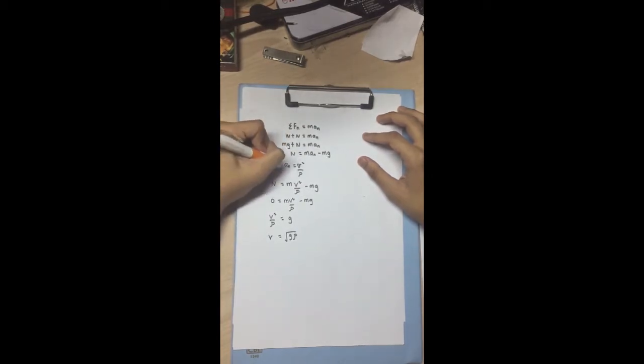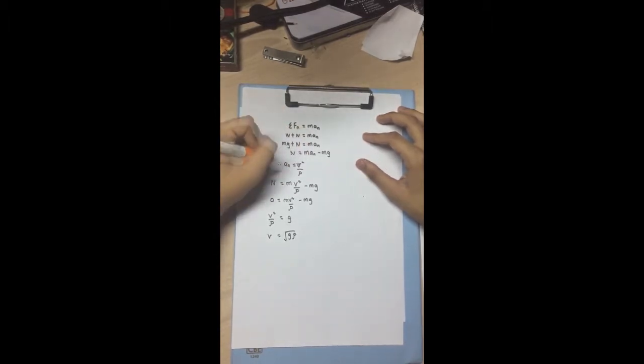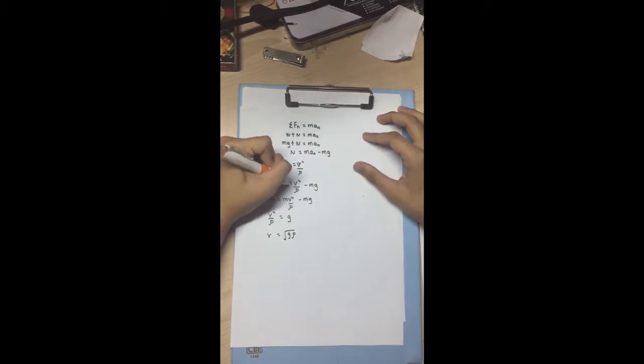Therefore, an equals to v square over rho. Alright, then we need to substitute an into this equation. So it becomes N equals to m v square over rho minus mg.